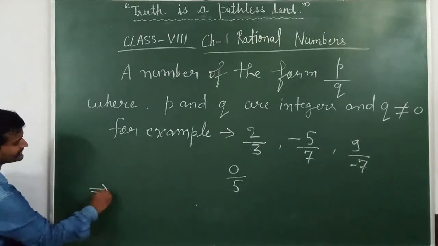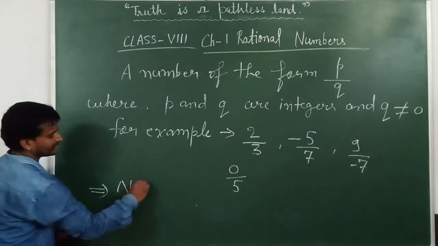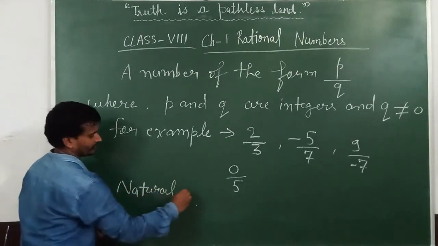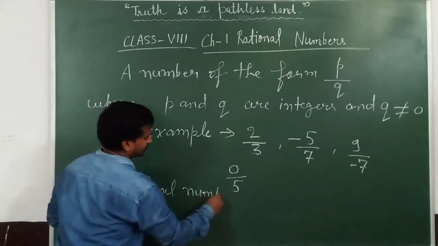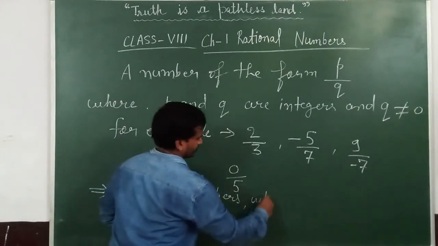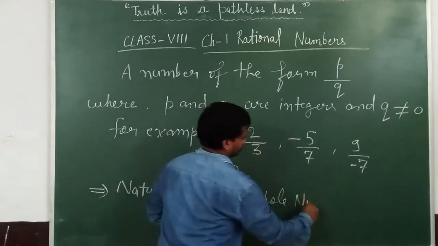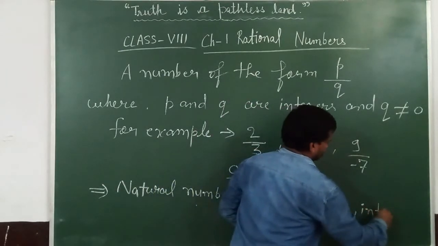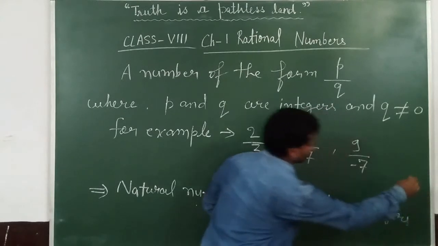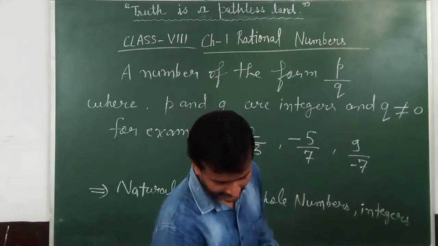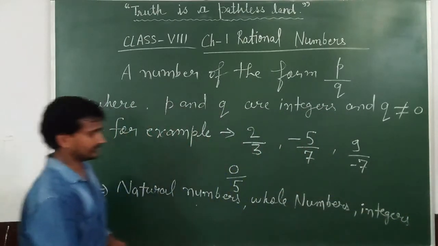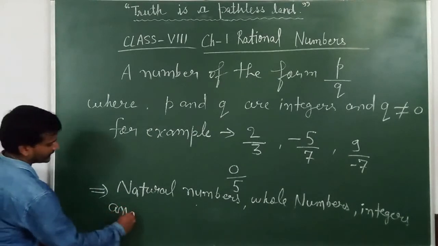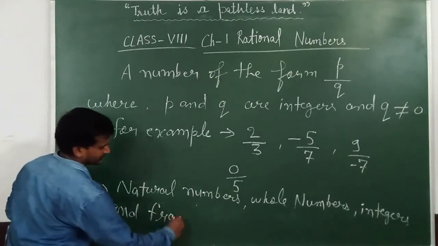The conclusion is that all natural numbers, whole numbers, integers, and fractions are rational numbers.